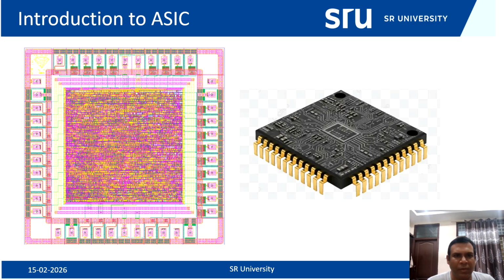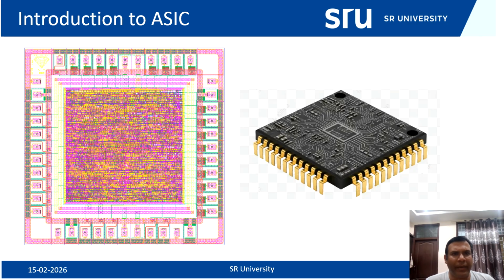This specialization allows ASICs to achieve higher performance, lower power consumption, and greater efficiency compared to general purpose devices, because the hardware is customized for a particular task. So ASIC eliminates the unnecessary components and focuses on only the required functionalities. Means it is a customized chip.